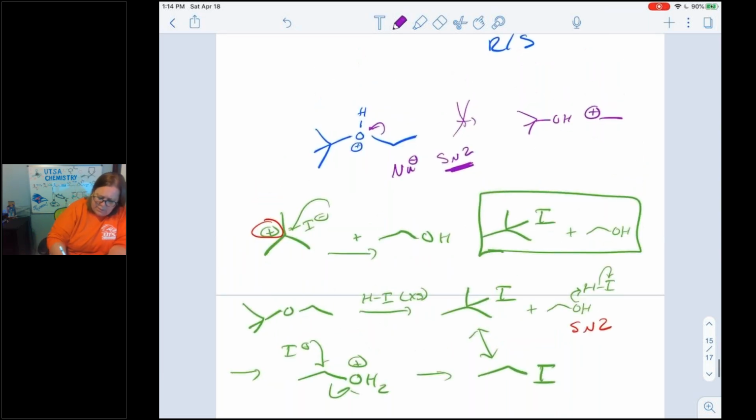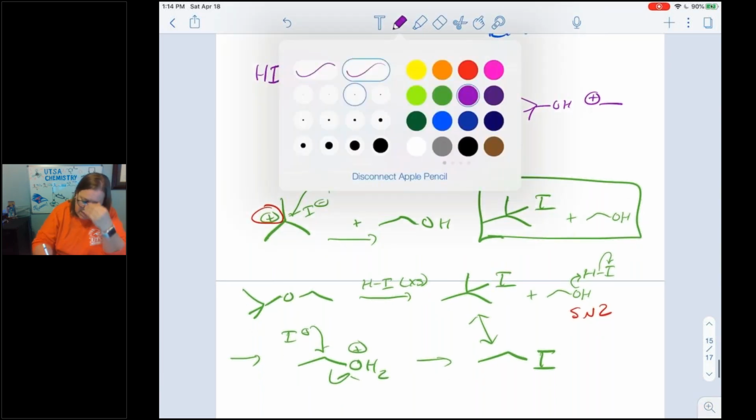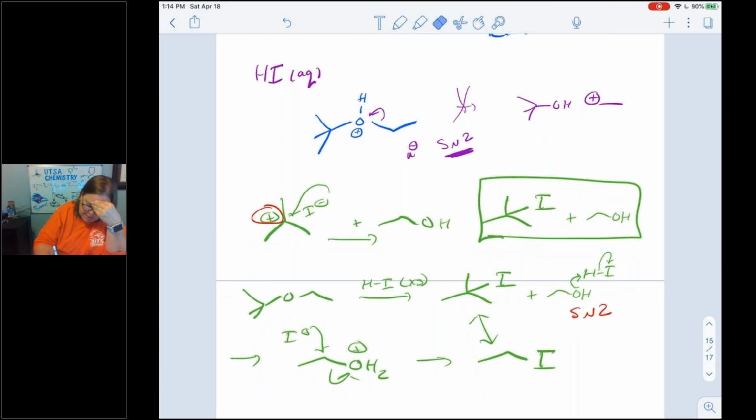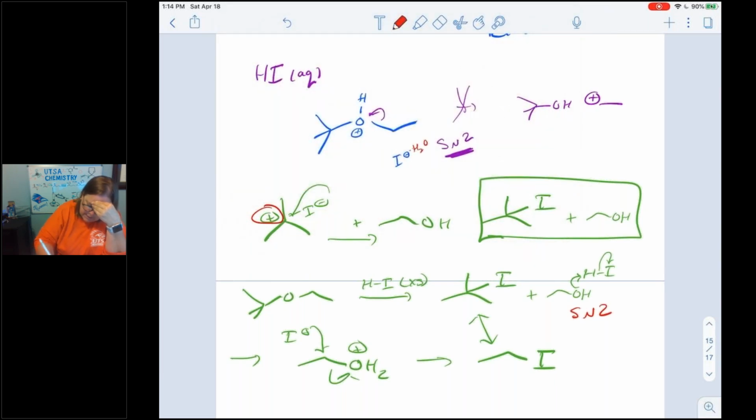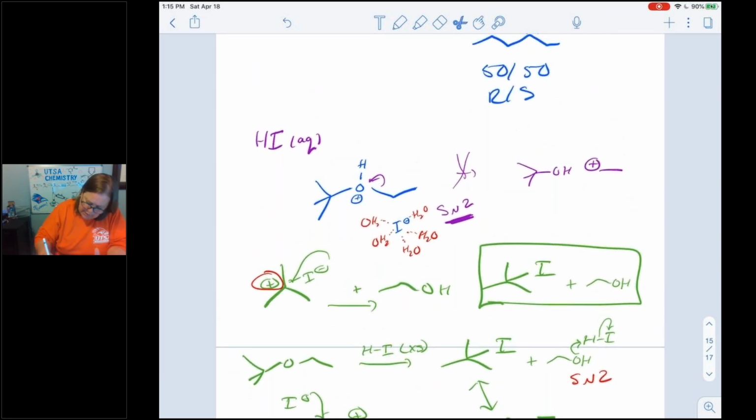Remembering that this is taking place, hydroiodic acid is in what solution by definition? Aqueous. And so what's going to happen to the iodide? It's going to get caged. And so we don't see any SN2 reaction, because while this iodide is trying to break through this hydration shell, this other part over here is just going to be like, bye, I'm out.